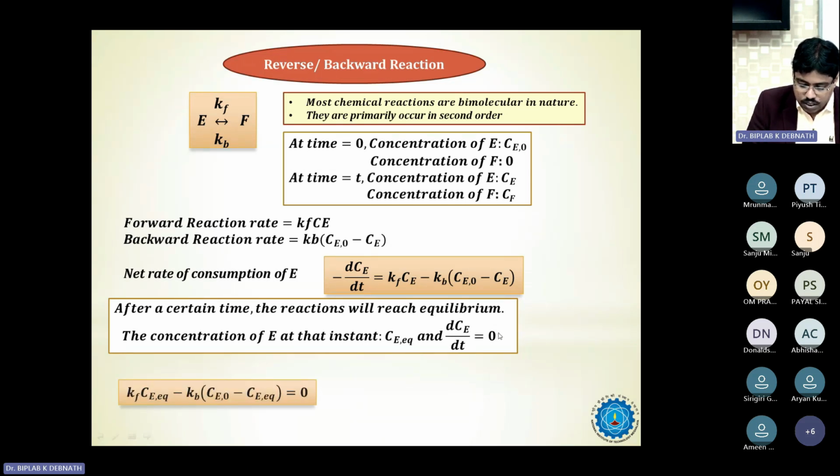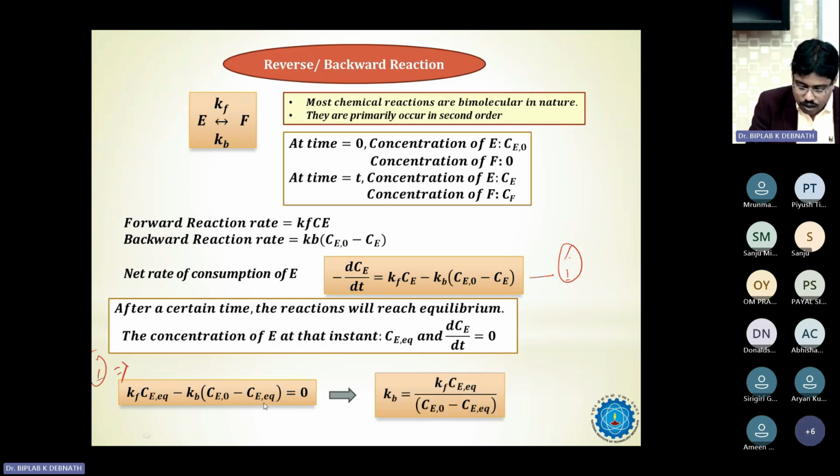So we can rearrange this equation, let us consider this as equation 1. Then 1 implies 2: C becomes C equilibrium, so Kf C equilibrium minus Kb into C naught minus C equilibrium.